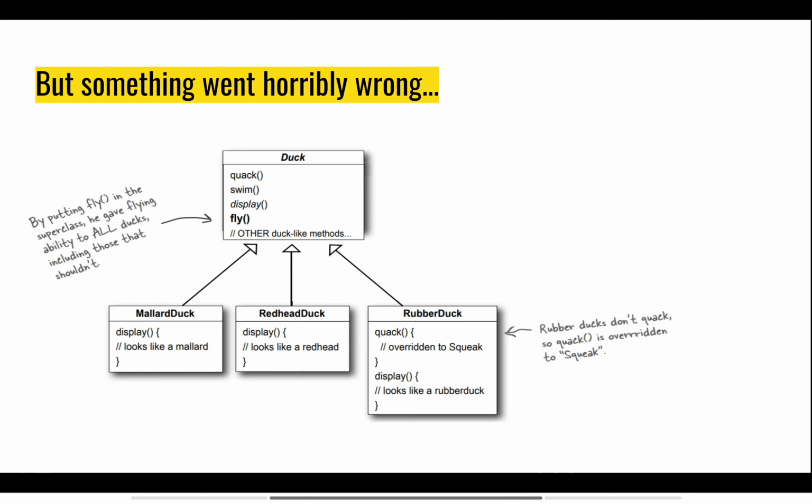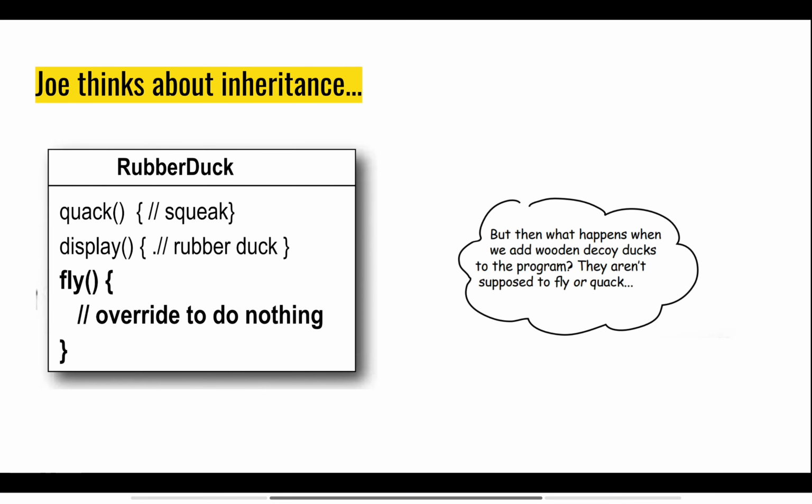So Joy saw this rubber duck and saw he is overriding the quack method in this rubber duck class. So he came up with the idea that he can do the same for the fly method. He can override the fly method in the rubber duck class to solve this issue. So this is what he has done. He overrode the fly method in the rubber duck class.